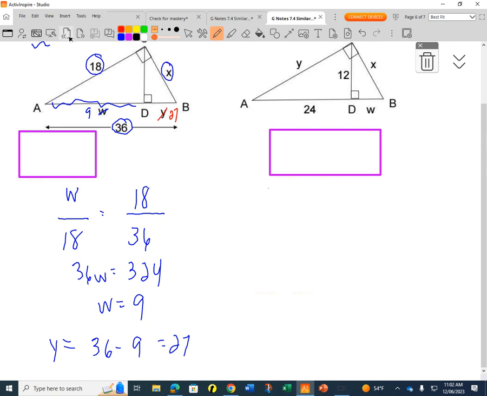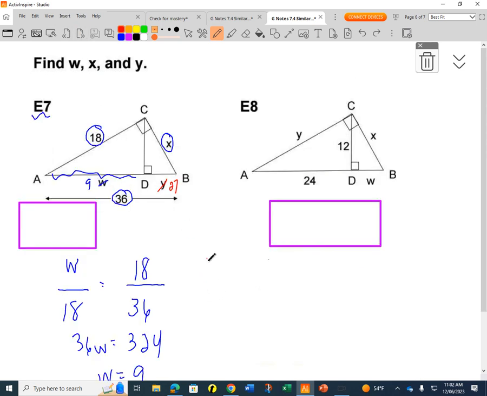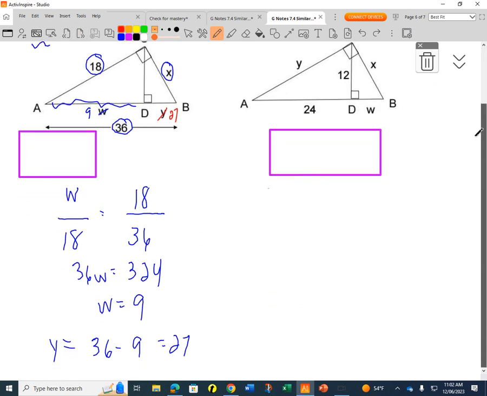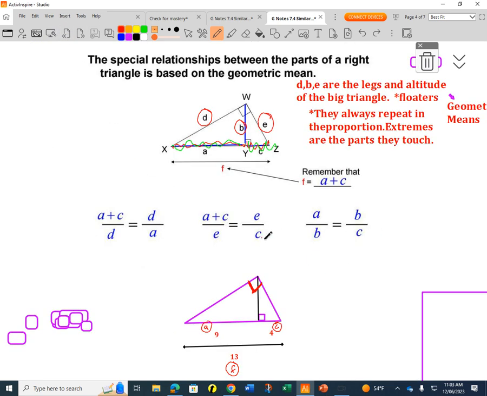First off, let's go ahead and write a proportion. The proportion we're going to use, x is going to go in the mean spot, because that's one of the ones up here, that's the mean. And remember, this is one of the ones where you use the segment of the hypotenuse that it touches, and then the whole length of the hypotenuse.